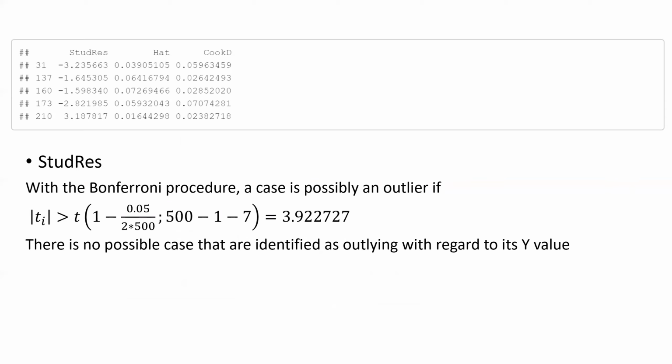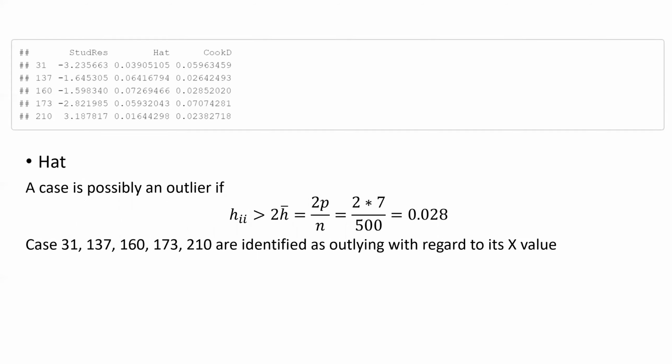The first is studentized deleted residuals with the Bonferroni procedure. A case is potentially an outlier if ti is bigger than the critical value. So from the chart, we cannot see any cases that are identified as outlying with regard to their Y value. The second is the hat value. A case is possibly an outlier if hii is bigger than 2 times the average, which is 0.028.